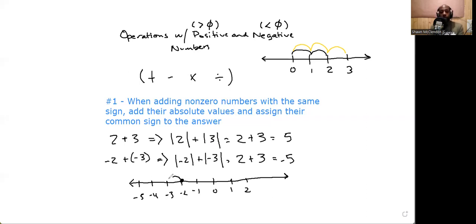So that's -1, -2, -3. So you should be able to get to a point where you see -2 plus -3 is -5. You can also say -2 minus 3, 1, 2, 3 is -5. But that kind of skill to be able to see that without having to add the absolute values and all that, that'll come with time.